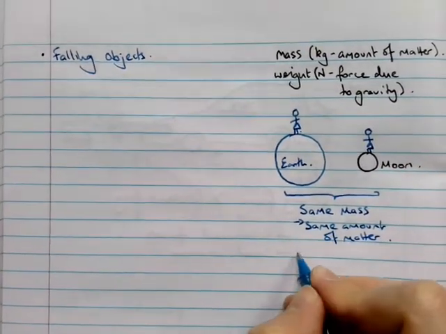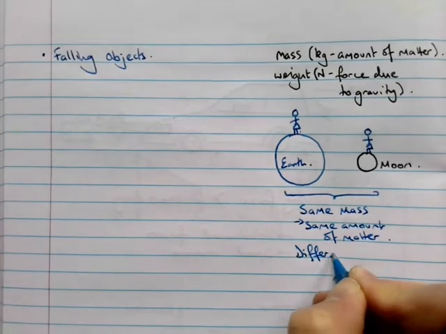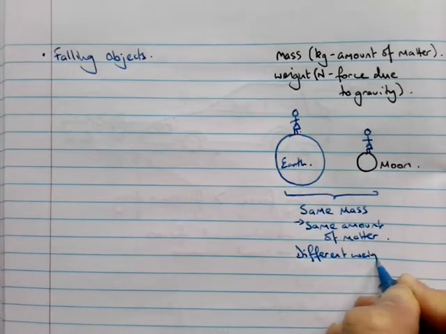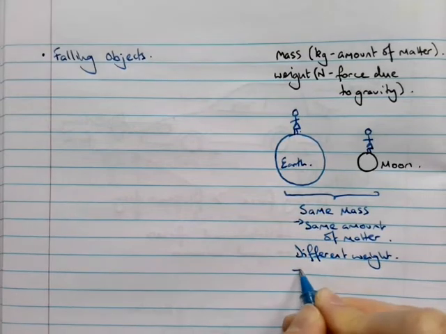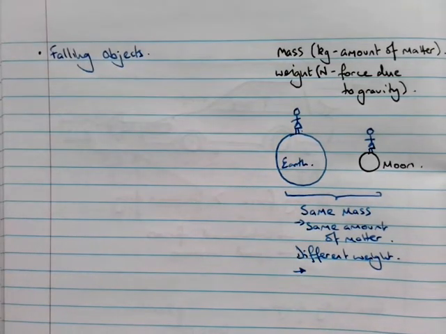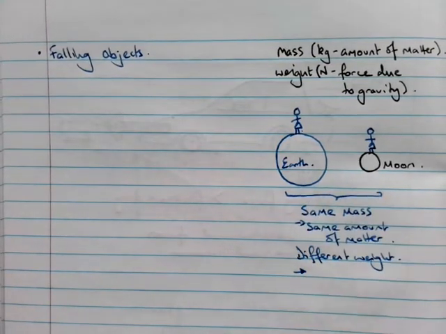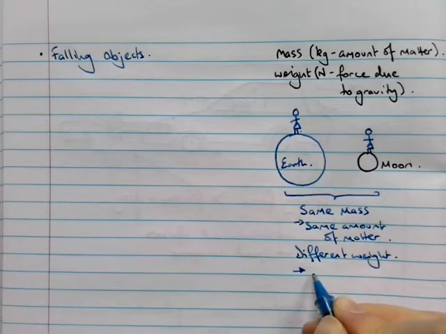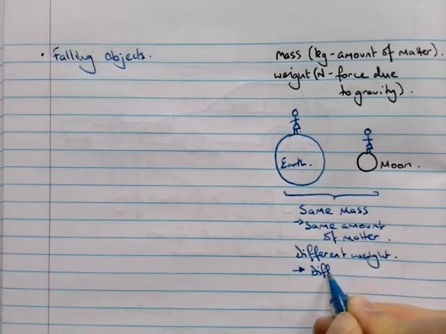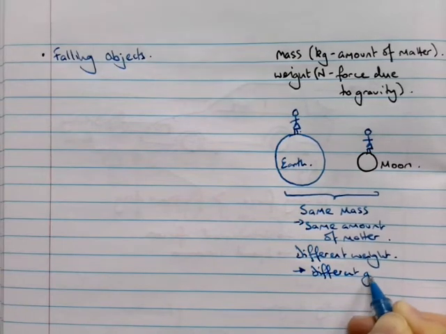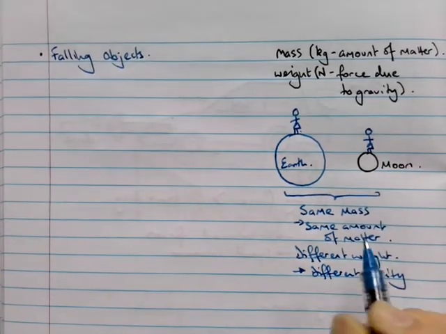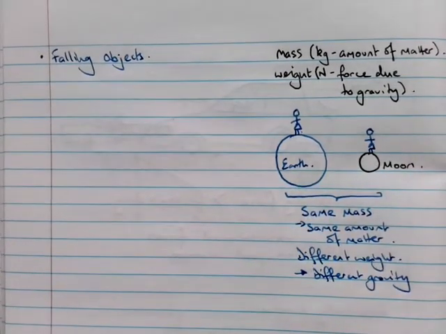But you will have different weight. Why? Because gravity is different. Gravity on Earth is larger than the gravity on the Moon.